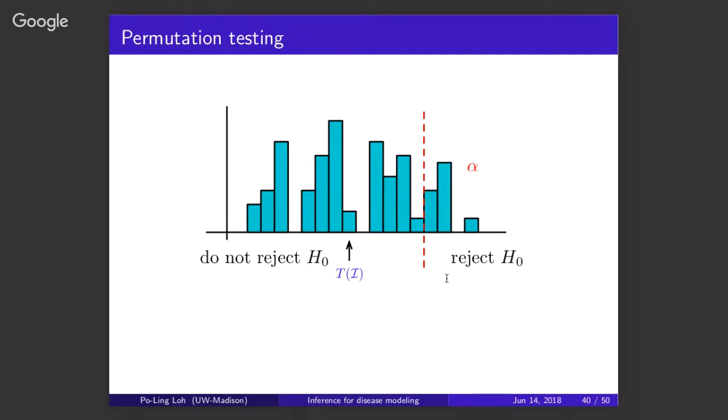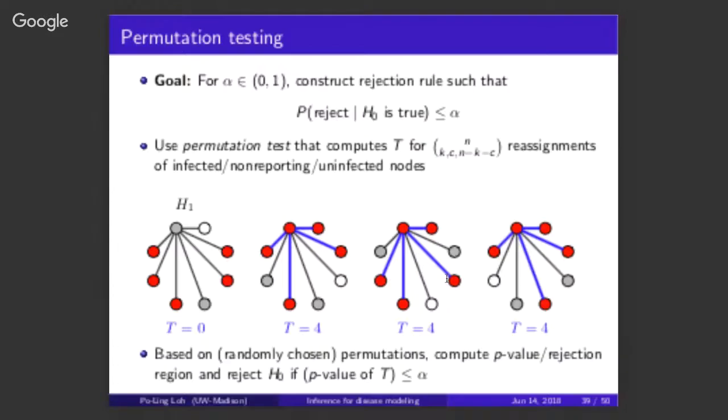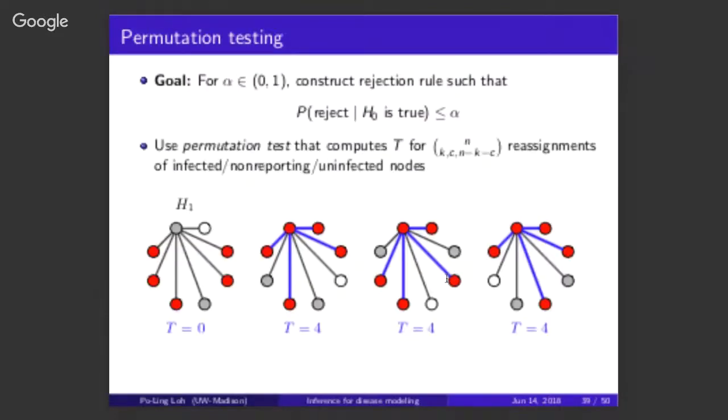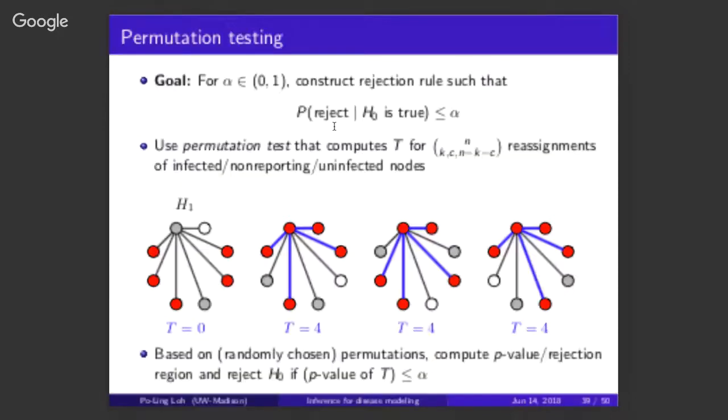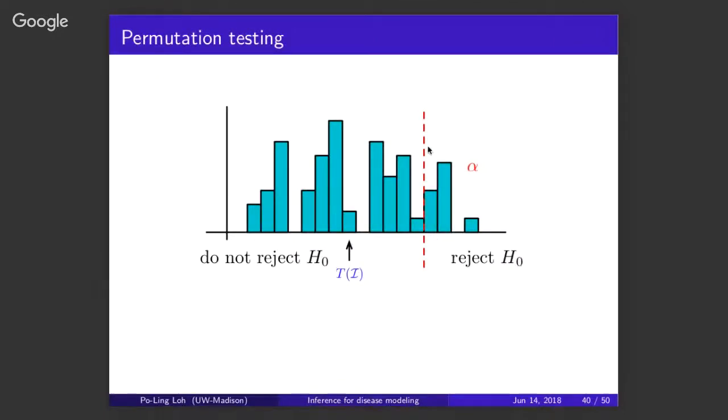It comes from this notion of exchangeability. The basic idea is I want to understand how this test statistic behaves under the null hypothesis, right? Because there's some null hypothesis, and I want to look at possible extreme tails and understand what that looks like.